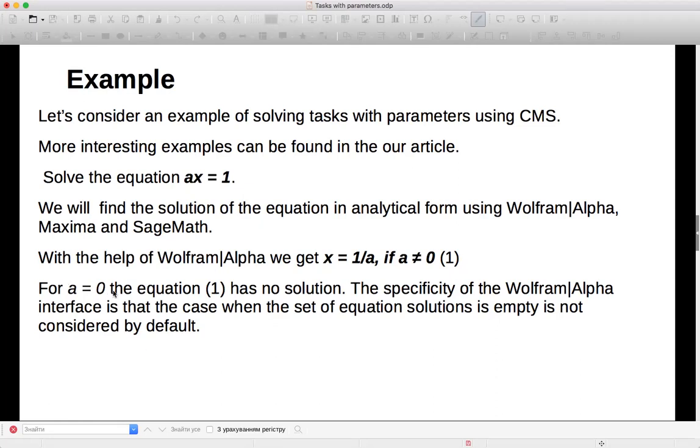For a equals 0, equation 1 has no solution. The specificity of the Wolfram Alpha interface is that the case when the set of equation solutions is empty is not considered by default.